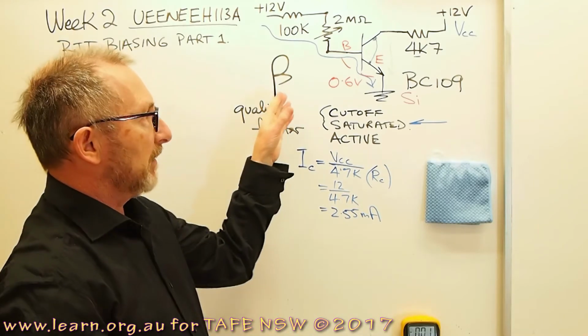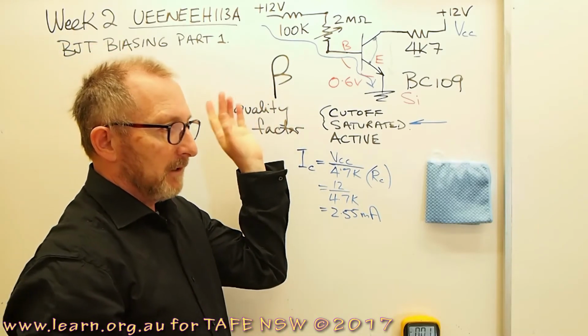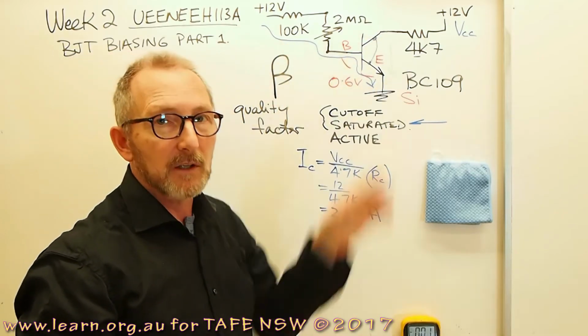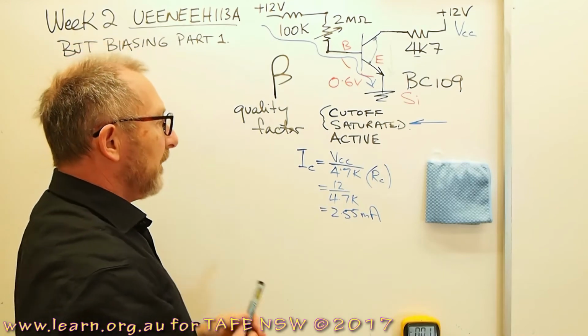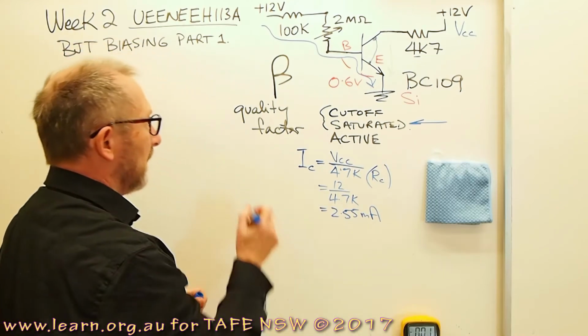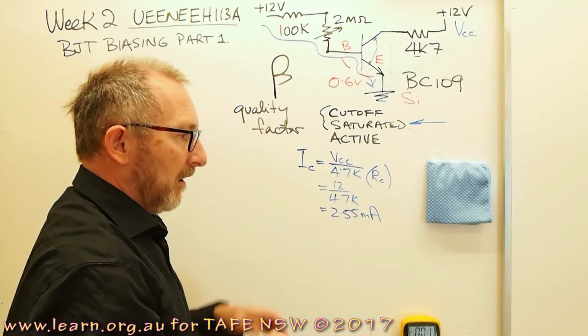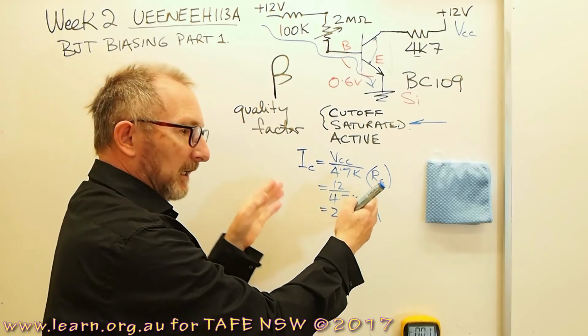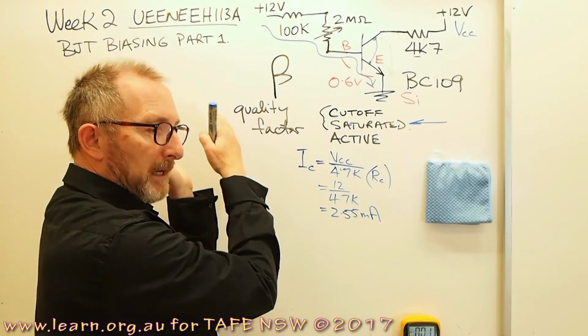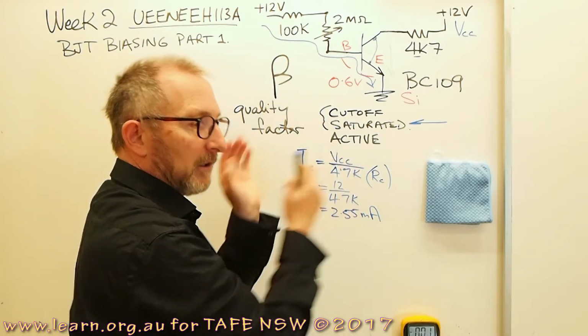The beta is going to be the ratio between the collector current and the base current. So if I know what my maximum collector current is, and I know what my beta is, I could divide the collector current by the beta to find out the base current that would be pertinent to that collector current.